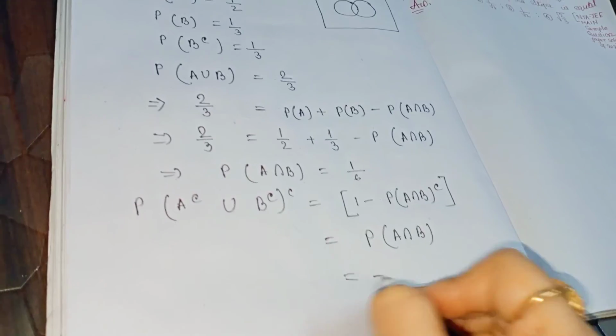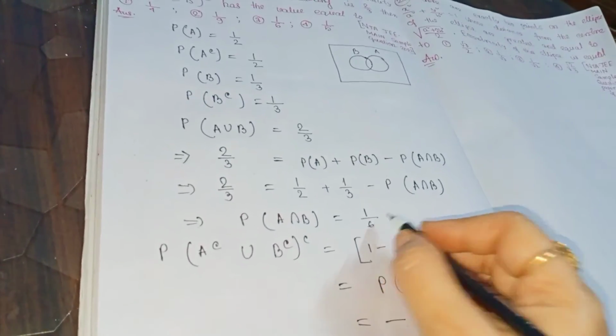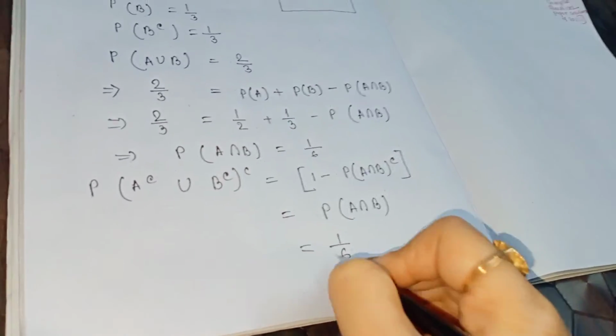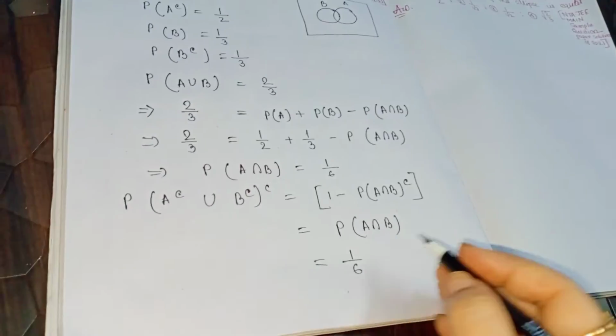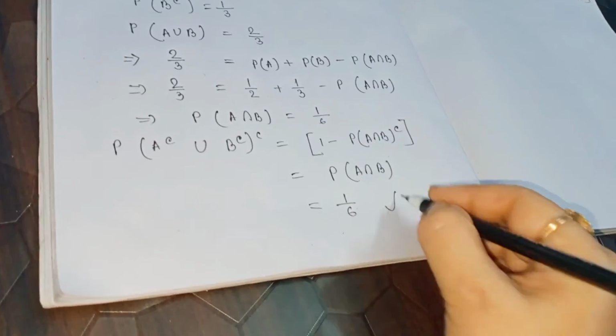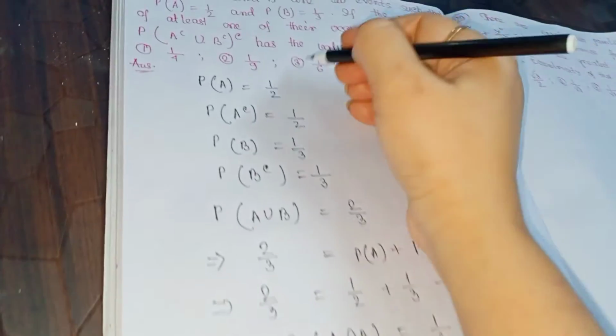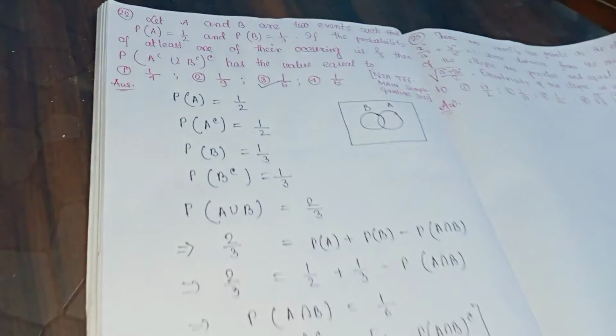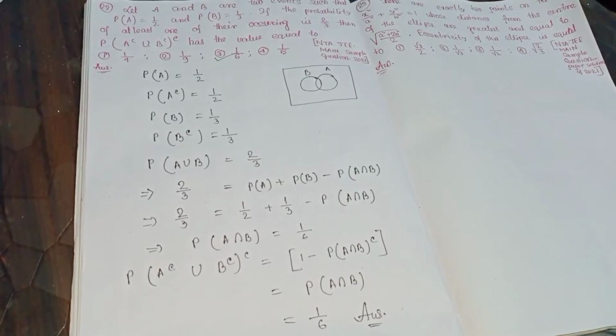So that is equal to, as already proved, 1/6. So 1/6 is our required answer. And option 3 is our correct choice. So here is the whole solution of question 22.